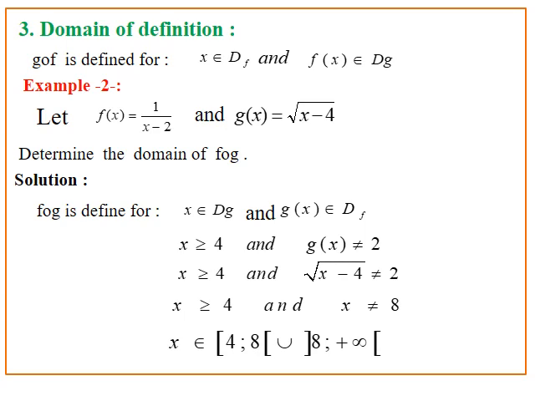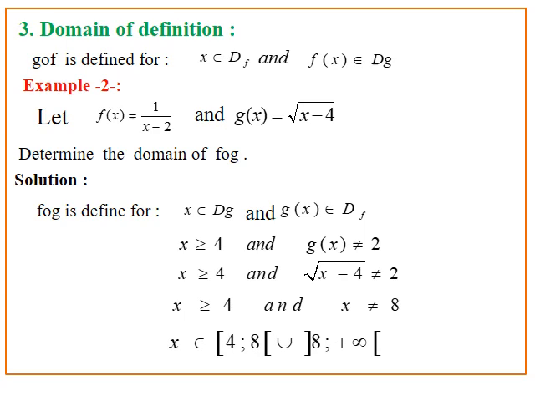Since g round f of x is equal to g of f of x, x is substituted in f, so x belongs to the domain of f, and f of x is an antecedent of g, so f of x belongs to the domain of g.